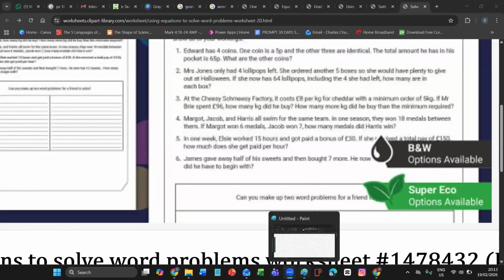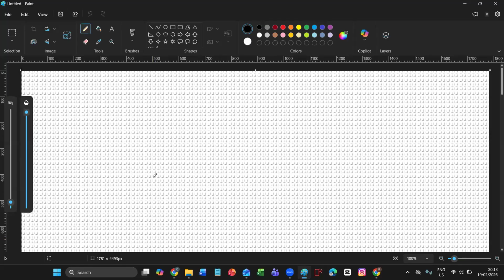Okay, all right. So Edward has four coins. Let me move that there. So there are four coins altogether. And all we need to do now is to represent the four coins and then know what exactly we really have.